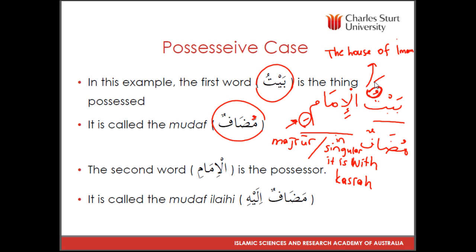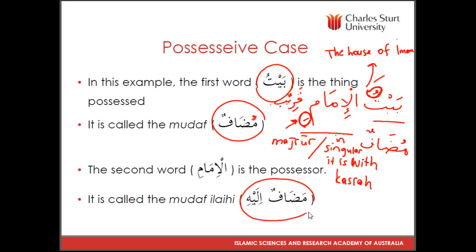This is a sentence, so it has to be with dhamma, Baytu. We don't use any other, because in this sentence this is the subject. Imami is with kesra because it is Mudafun ilayhi. Mudafun ilayhi is always majroor. Majroor means in singular form, the ending should be with kesra.